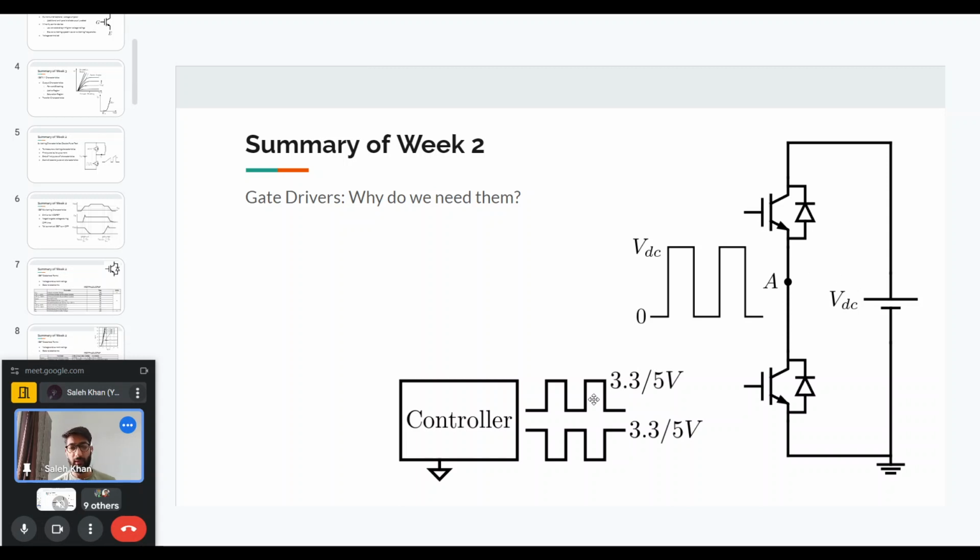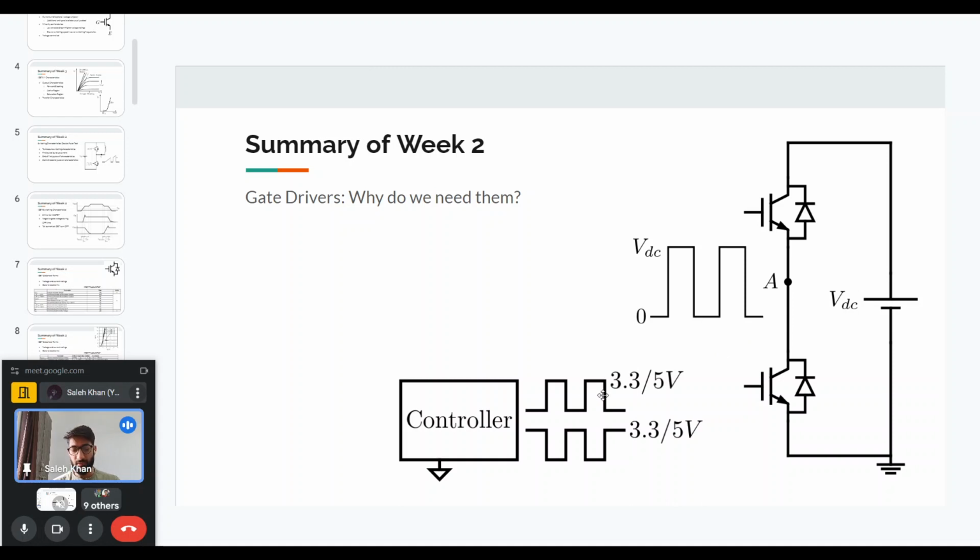It may not cross the threshold, or even if it does, it will not go to the linear region, the ohmic region of the MOSFET, or the saturation region of the IGBT. That is why we need a higher voltage to turn on these devices. So that is one problem.